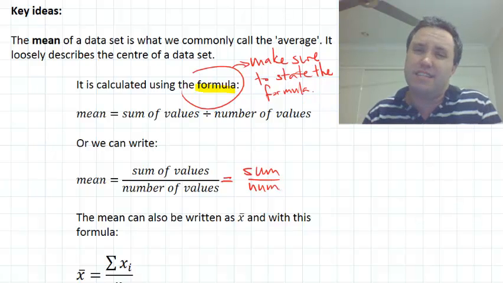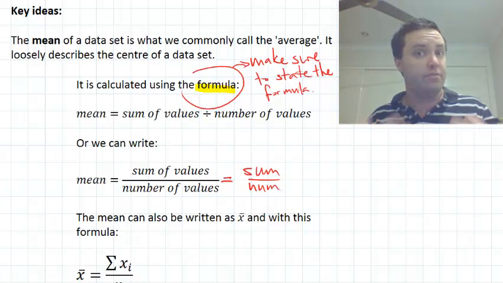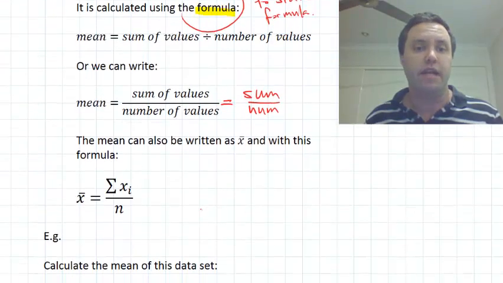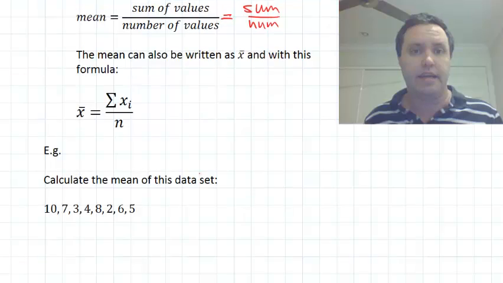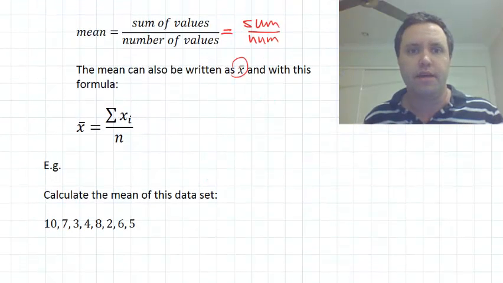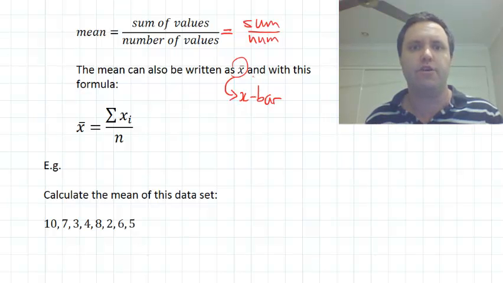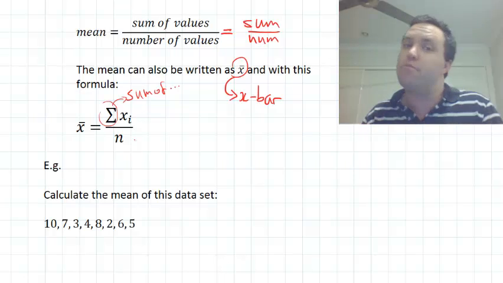Now, if you're feeling particularly technical and mathematical, the mean can also be written as this x with a line over the top of it. We say x bar, with a bar over the top, and with this formula, x bar is equal to the sum of x, all the x values, divided by n, the number of values there are.